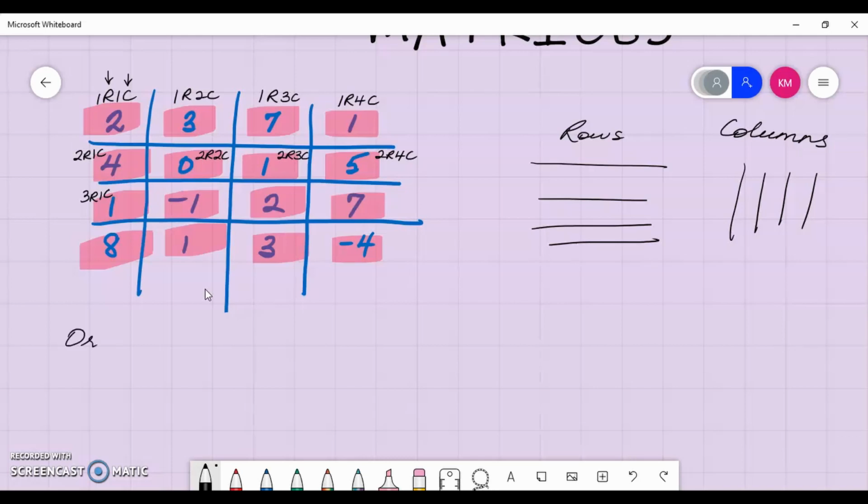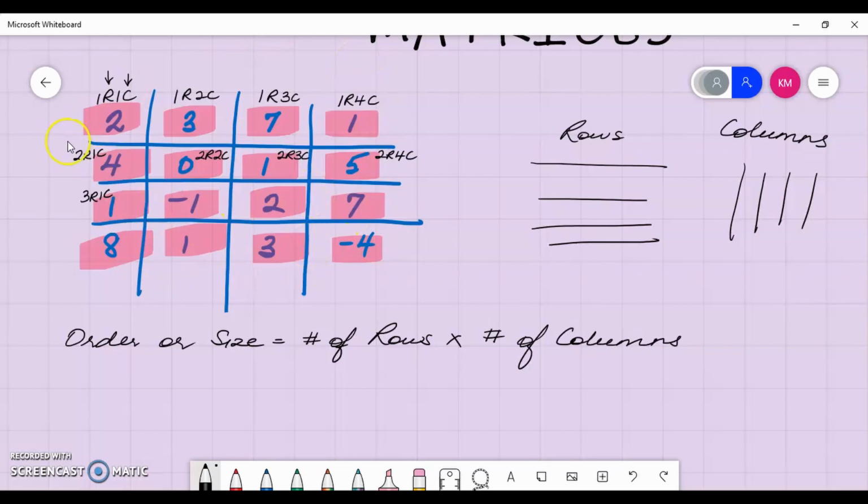So, the order or size of this matrix is the number of rows by the number of columns. So if I look at this matrix, I'm going to see that there are 4 rows as well as 4 columns. So I'm going to write the order as 4 by 4.